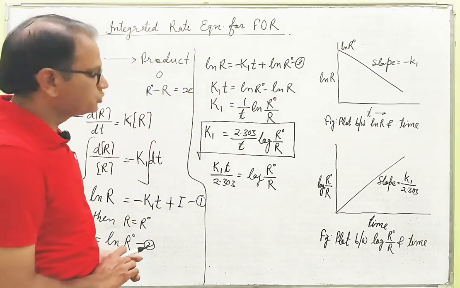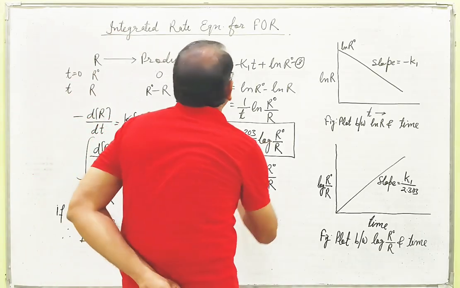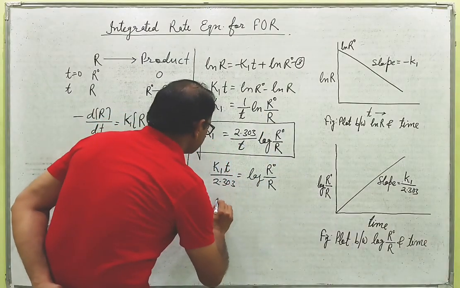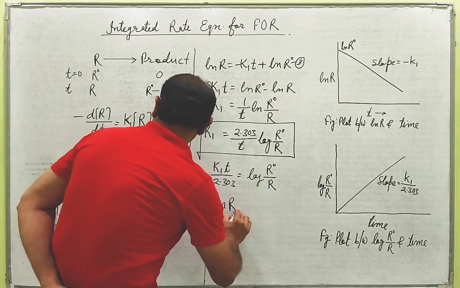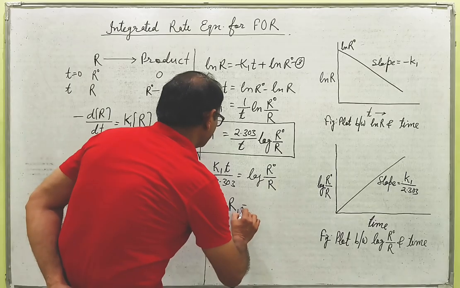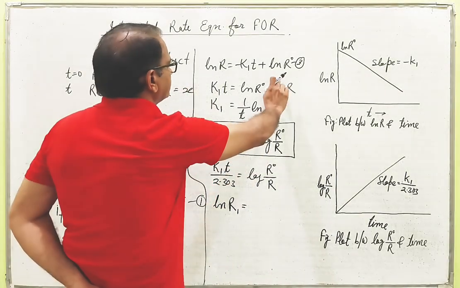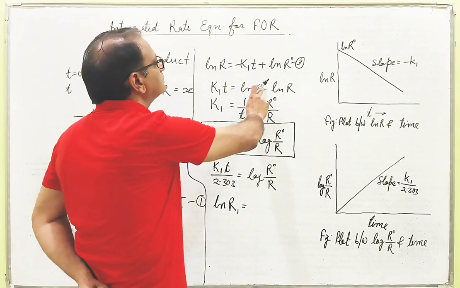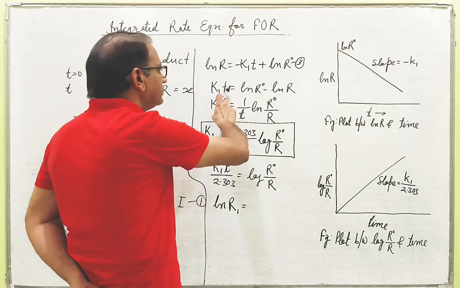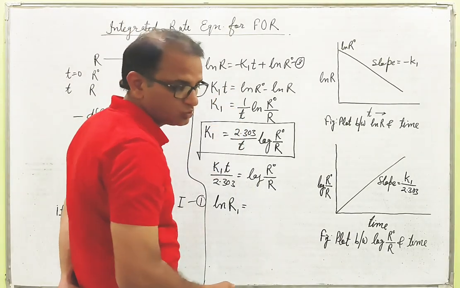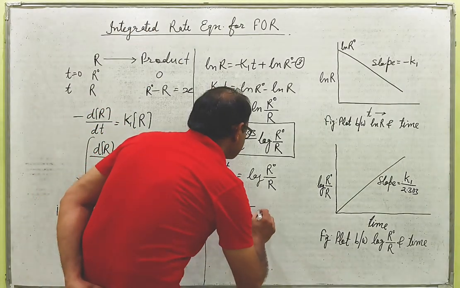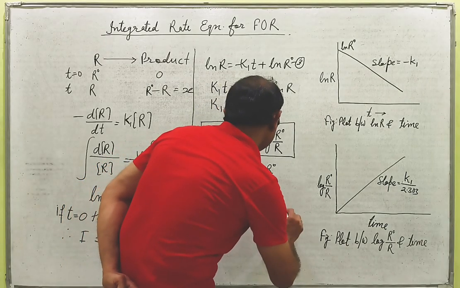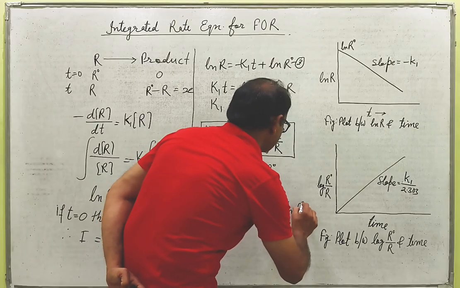Then we will have 2 equations. ln R1, log natural R1, will be equal to minus k1 T1 plus ln R naught.